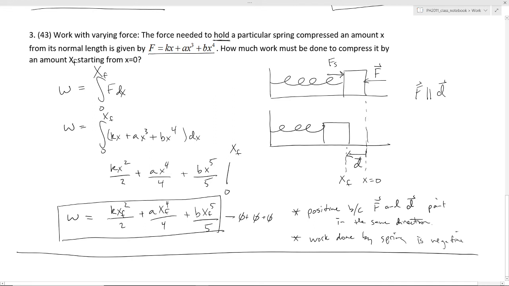The work done by the spring is negative because F and D are anti-parallel. The force of the spring is this way, but the displacement is this way. So just a side note.